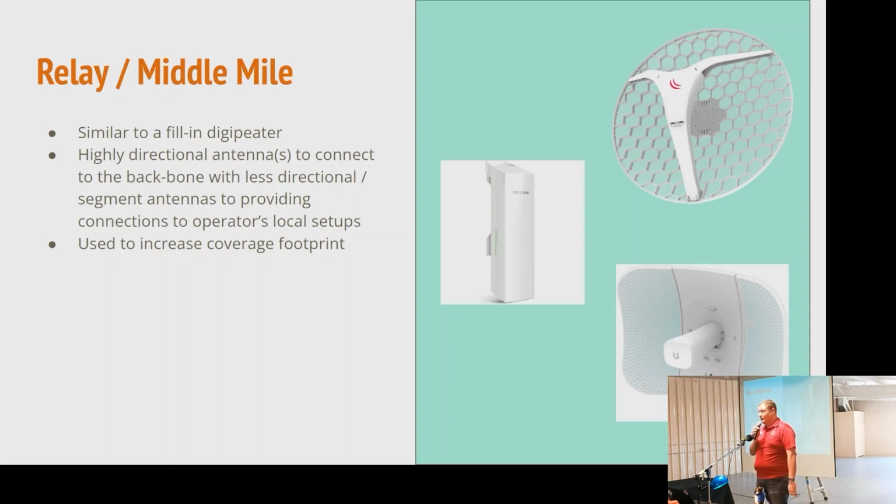Think of a digipeater or a fill-in digipeater, where you're like, hey, I need to get a small message to a much more powerful source further downrange. These are more directional antennas and ultimately connect to the backbone, which is ideally what we'd like to have. And this is what bridges between your local network and the backbone, and ultimately increases footprint.